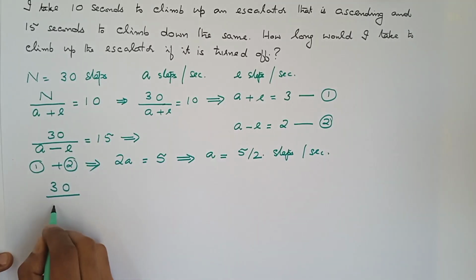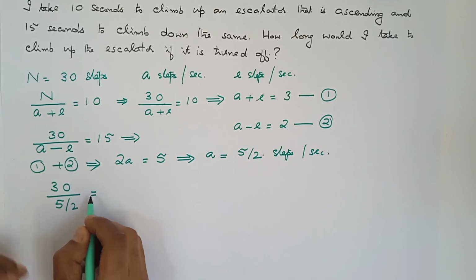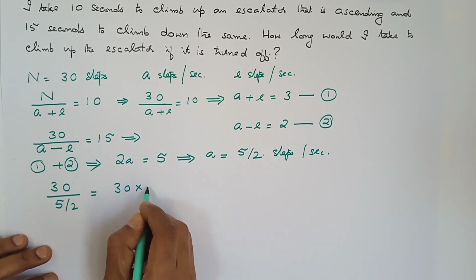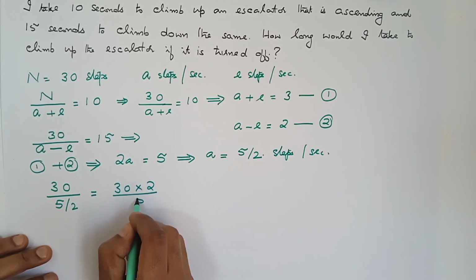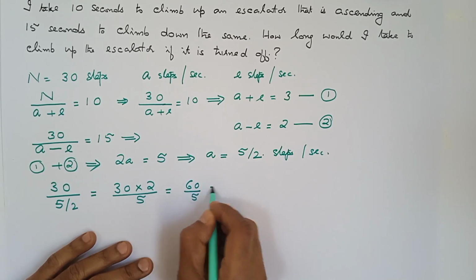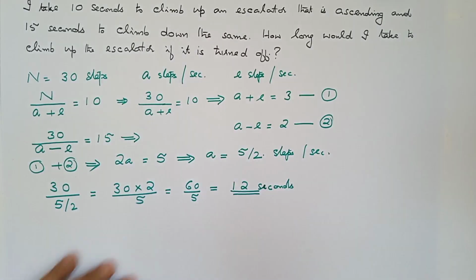Distance by speed will be the time you take to climb up the escalator, which is 30 into 2 by 5, so 60 by 5, which is 12 seconds. So this is the final answer to the question.